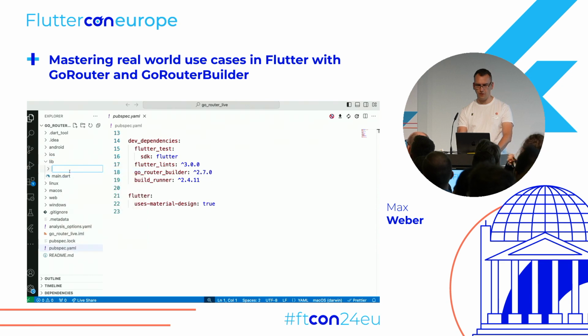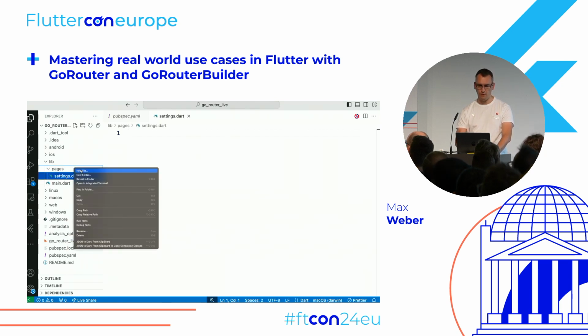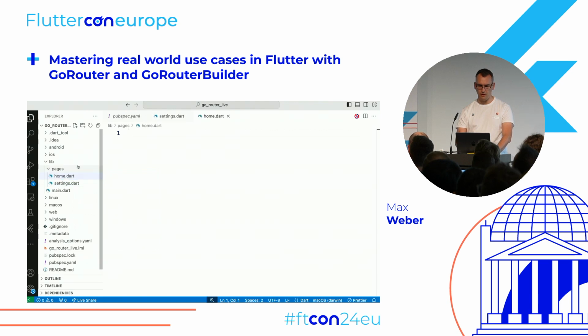So we create a quick folder called pages. Okay, let's do that right, pages. Inside of which we have the settings.dart. We have the home.dart, and the last one is our profile.dart. And let's get also the profile details. Cool.